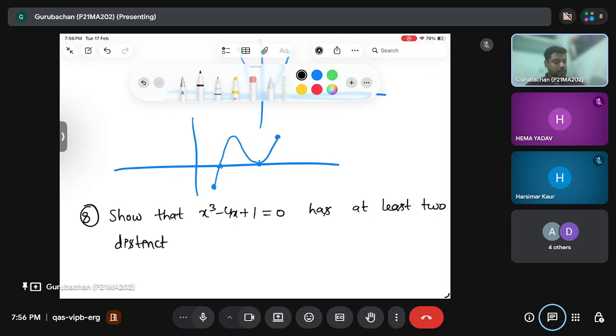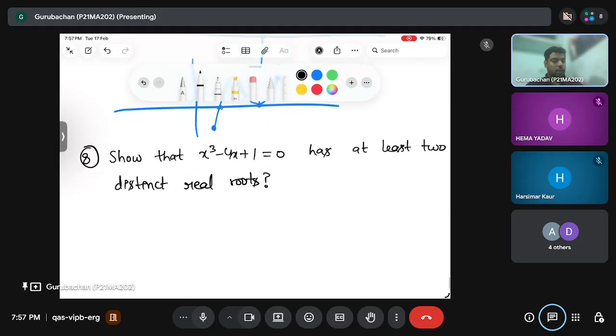So distinct real roots. In this scenario, we have to show by IVT there are two distinct roots.